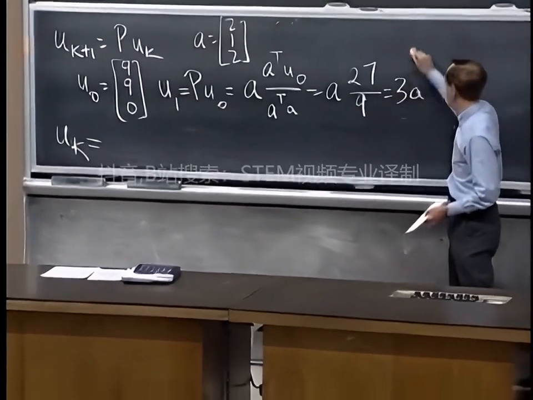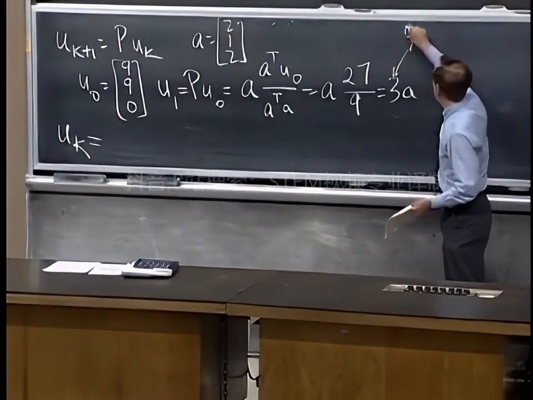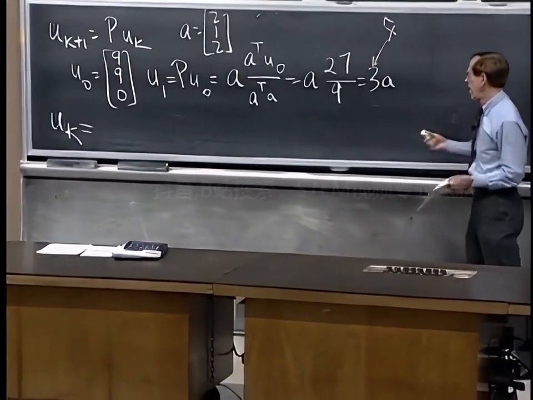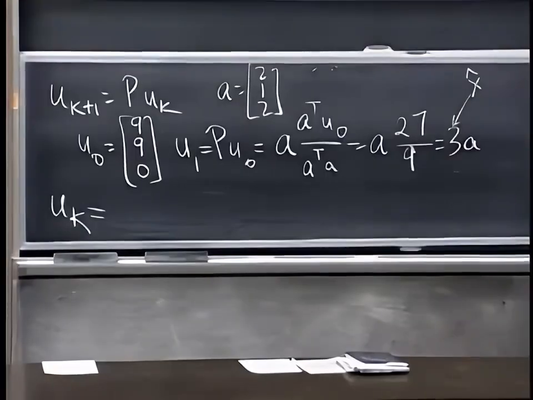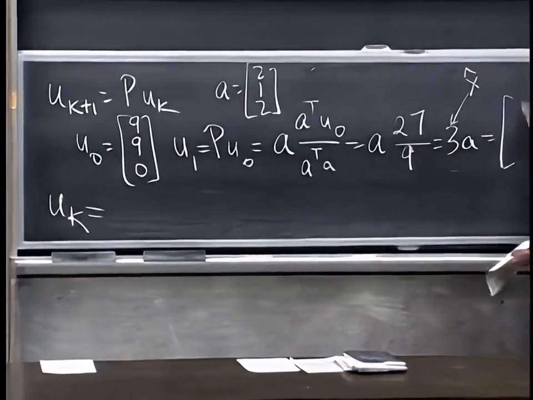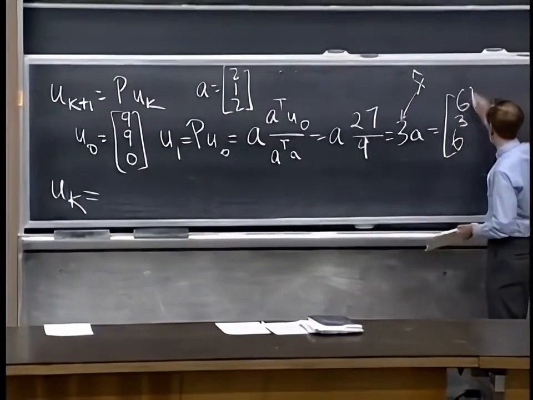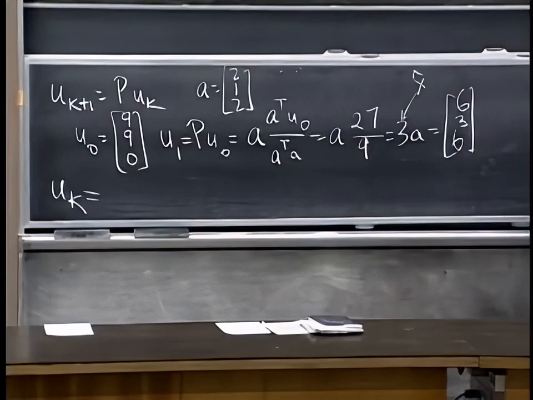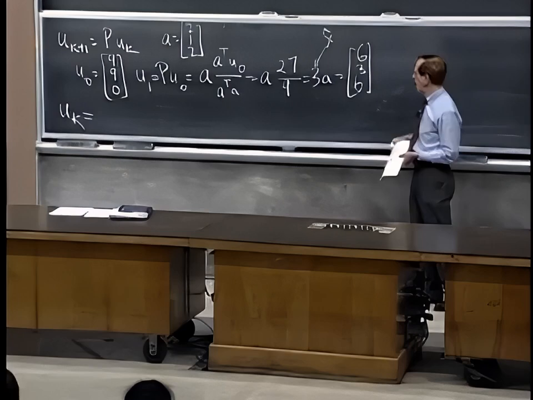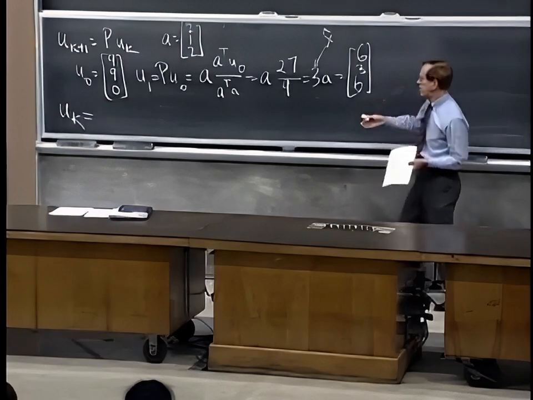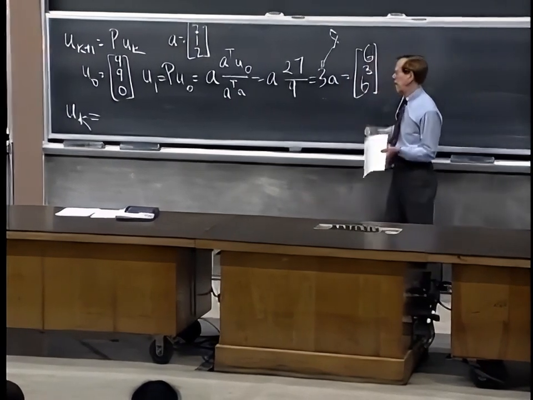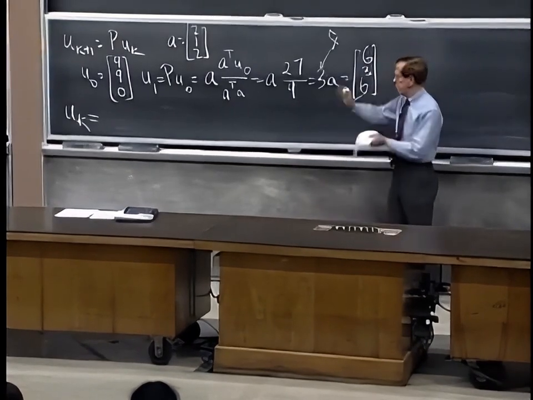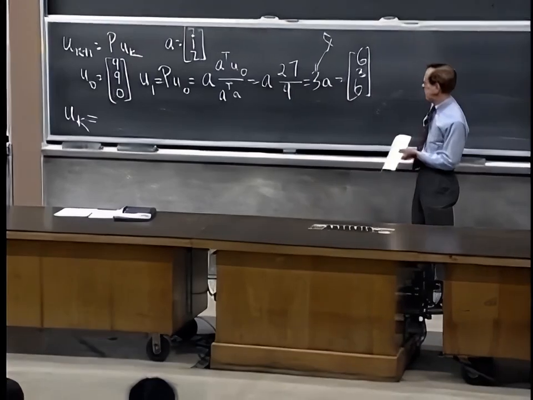This is the x hat, the multiple of A in our formulas. And of course that's 6, 3, 6. So that's U1 computed out directly. That's on the line through A, and it's the closest point to U0, and it's just PU0. Just straightforward multiplication produces that.